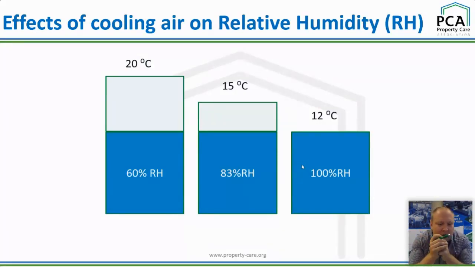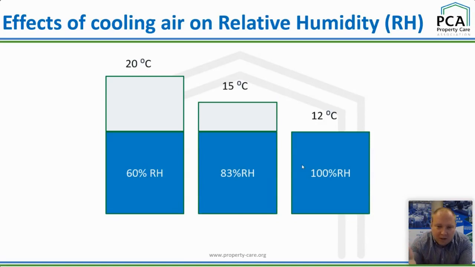This little diagram here I quite like, and I'll try and explain it as best I can. In all of these diagrams, the air is holding the same amount of water, but at varying temperatures the air has a different capacity to hold moisture. Imagine your typical scenario in a building at night: when the occupants are in, they've got the heating on, and it might be 20 degrees.